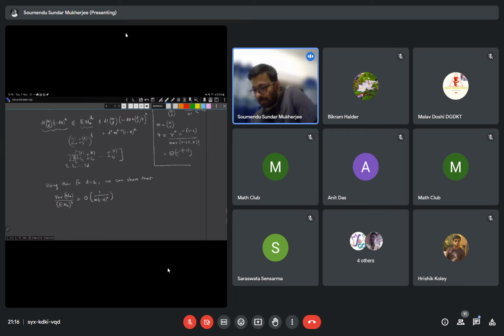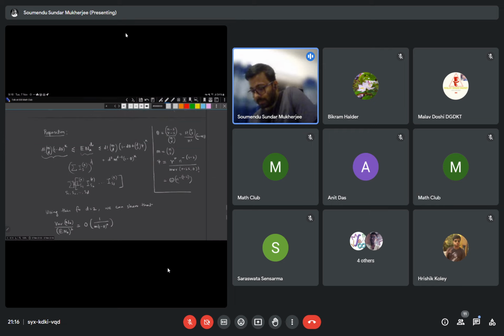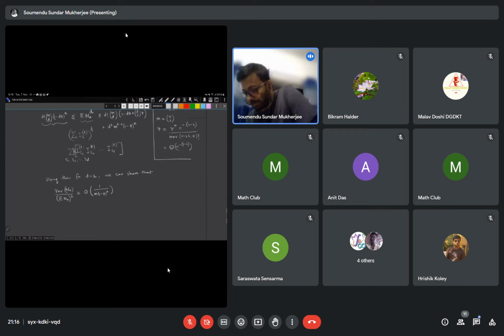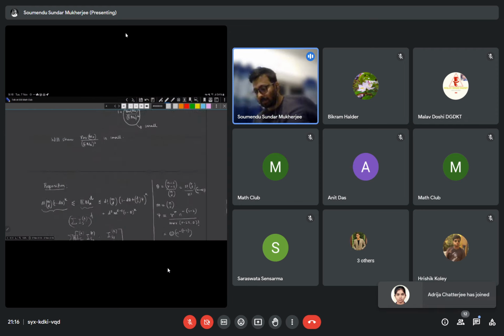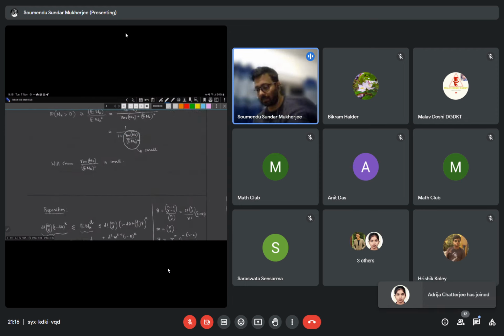So just plug these expressions in, and then you can show that the variance of nk over the expectation of nk square is of this order. So basically, we now have to plug this into this bound.